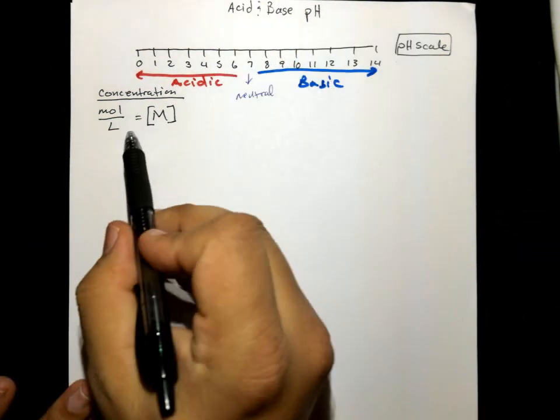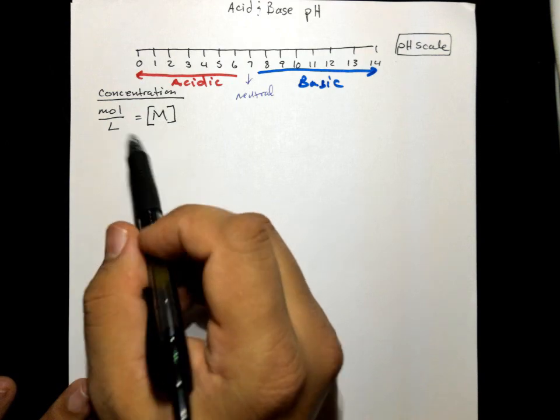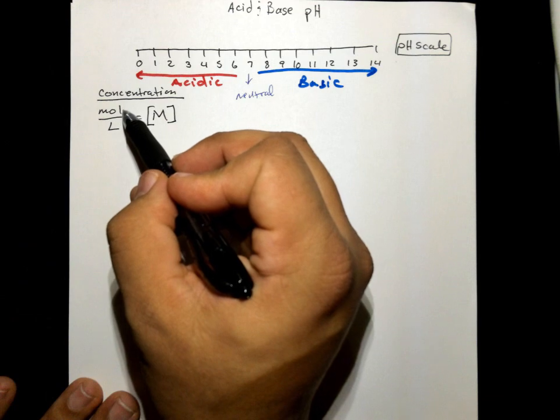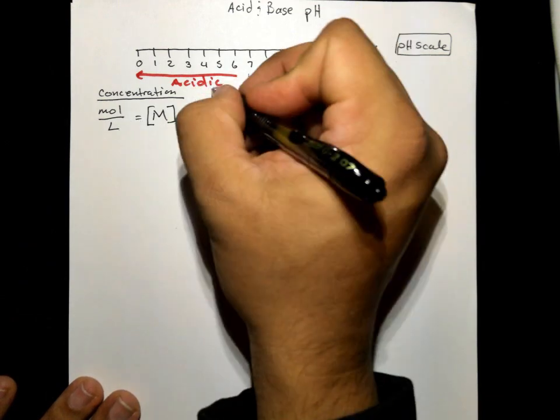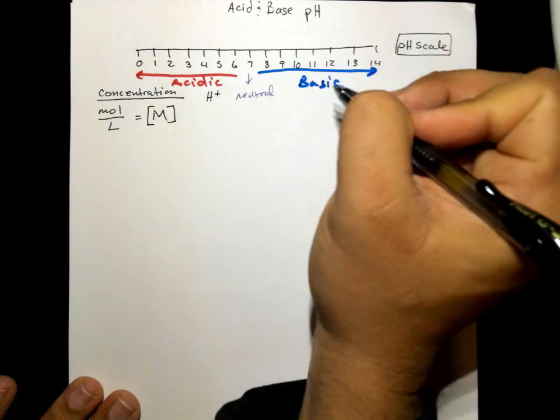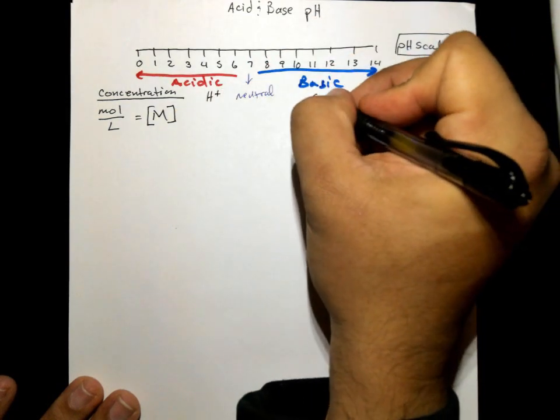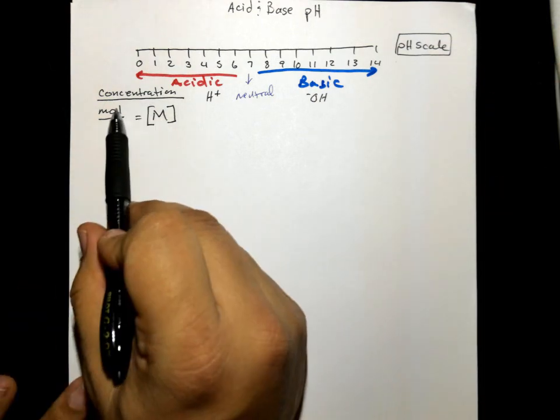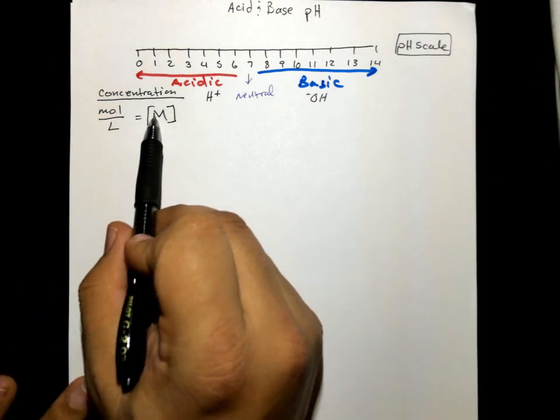Then we talked about concentration. We said concentration is how much stuff we got dissolved in solution, whether it's hydrogen ions or hydroxide ions in the case of bases. Remember, for acids, we're looking at how much H plus is in solution. For bases, we're looking at how much hydroxide is in solution. So depending on what we see dissolved, that will be the concentration.